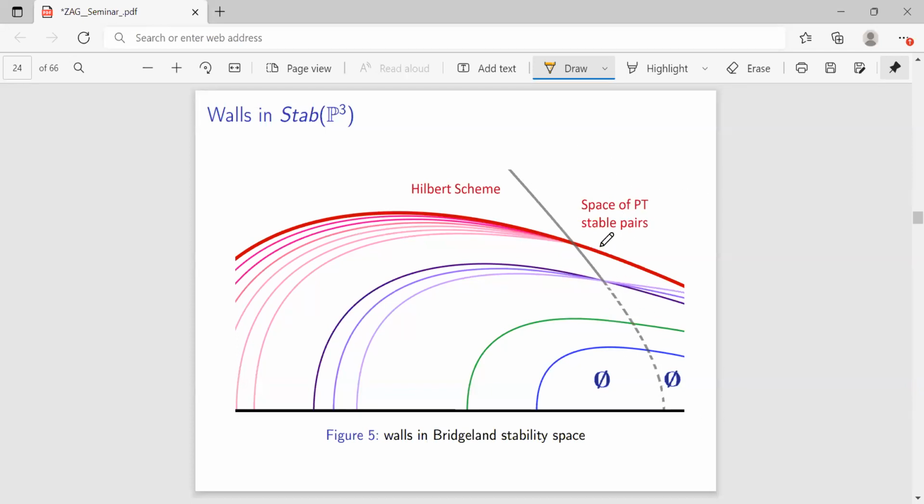So it's better to just cross all these walls here to first describe the space of PT stable pairs, and then cross this wall between them to describe the Hilbert scheme, instead of going this way. So basically, we start from the empty set, where there is no stable object. Starting from here, we take a path very close to this special curve and go all the way here to the large volume limit. Okay, let's do this.